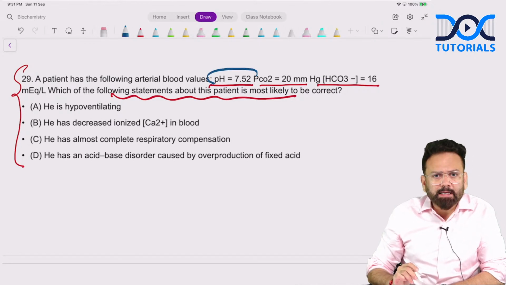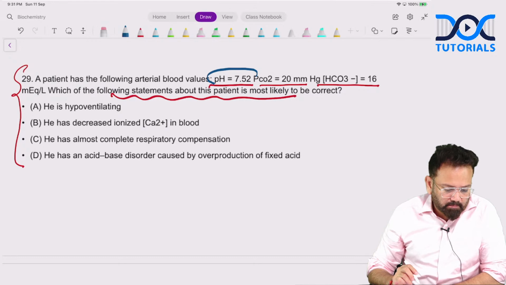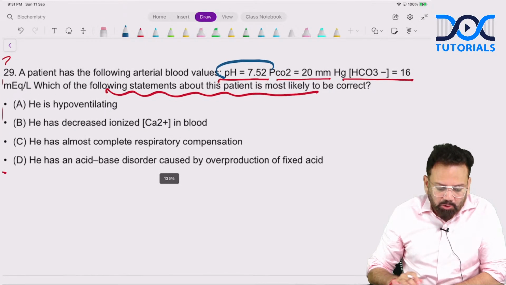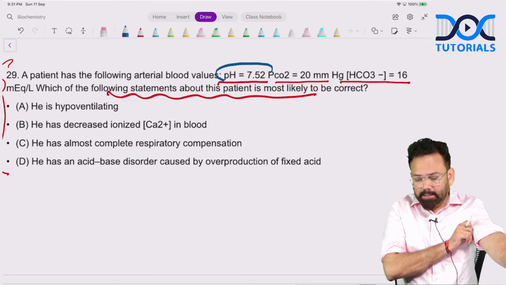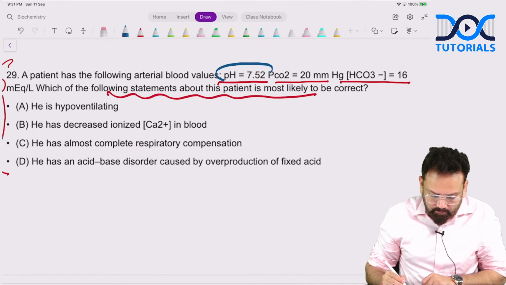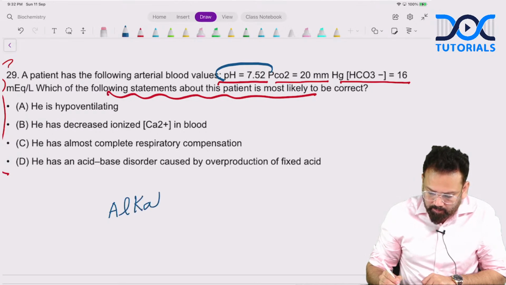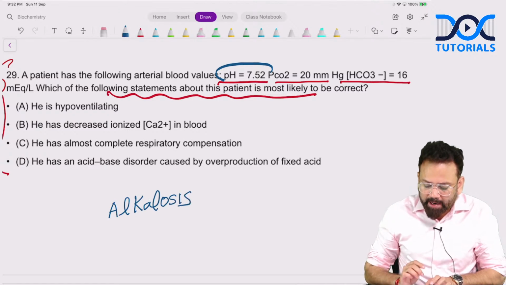7.52. Is it acidosis or alkalosis? Tell me. Is it alkalosis? It is alkalosis. Which one, respiratory or metabolic?